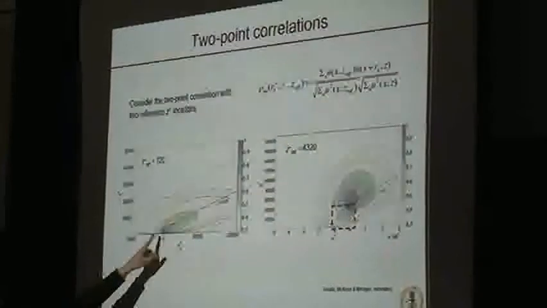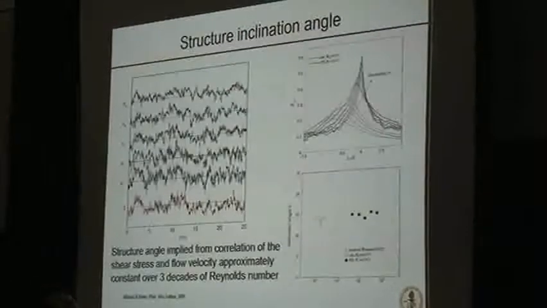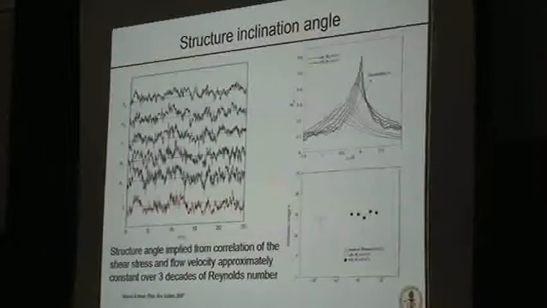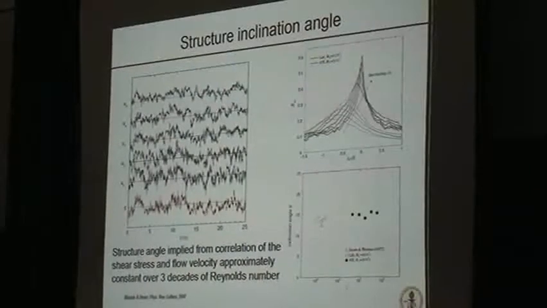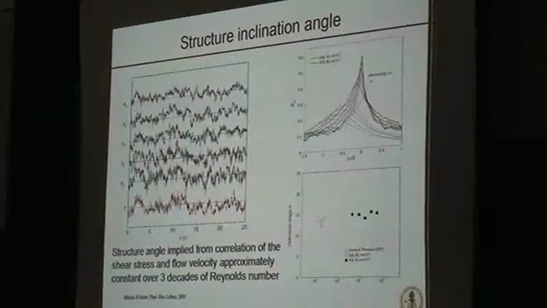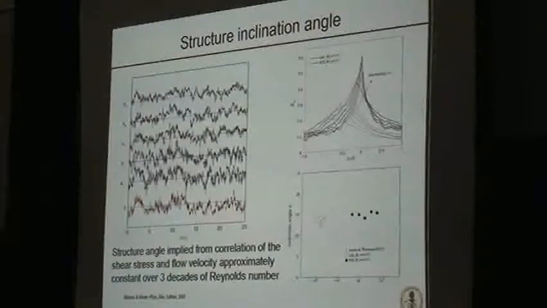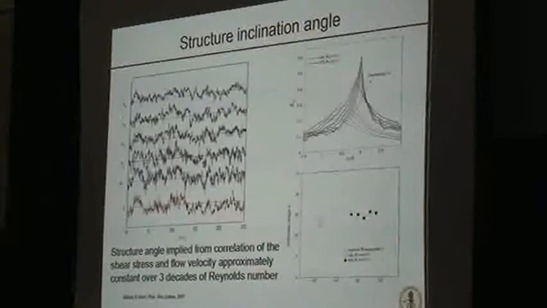Now this effect is very good from a modeling point of view because Marusic and Hutchins have shown that that angle really doesn't change with Reynolds number. So you can get to it by correlating the shear stress signal, in red here, with the sonic anemometer signal from the setup I showed you at SLTEST.